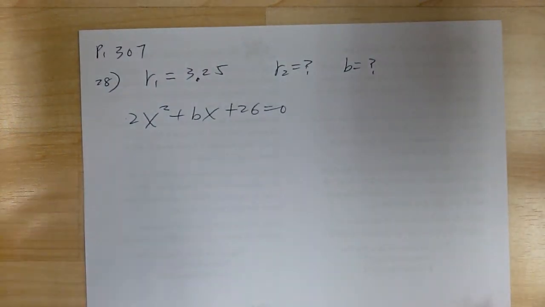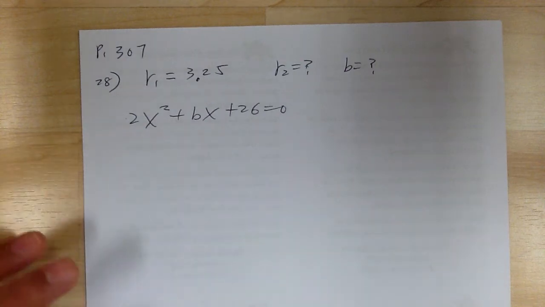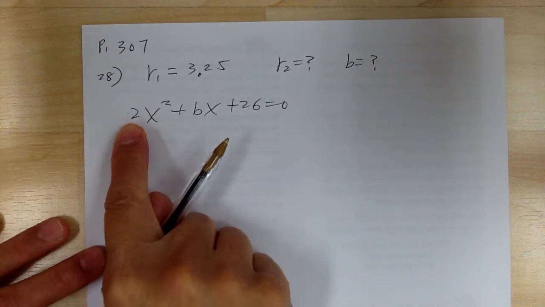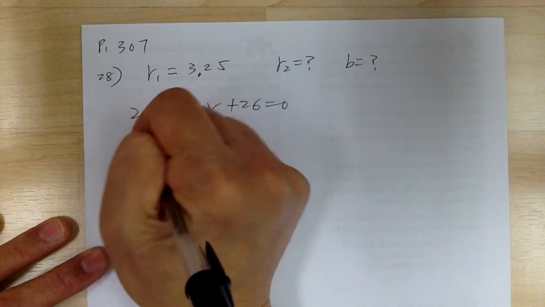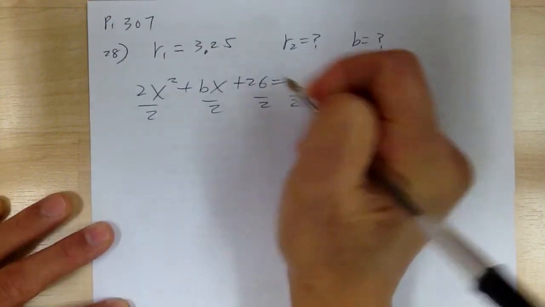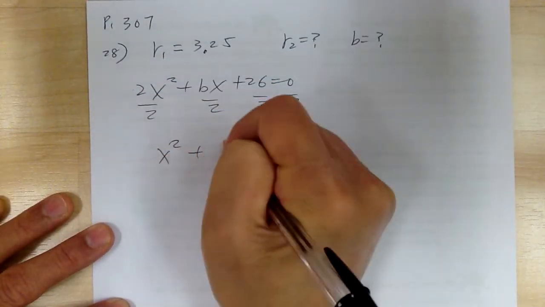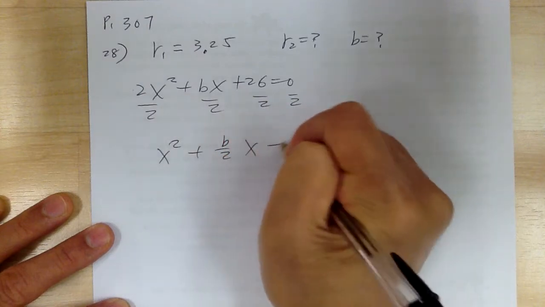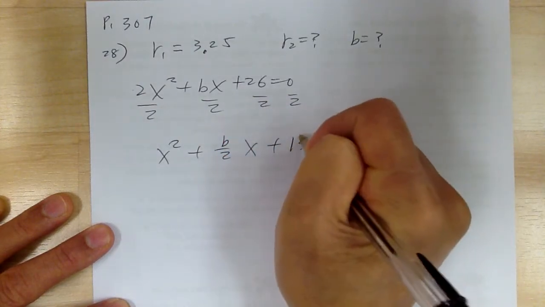What you need to do is get your root equation and play the matching game. First you need to divide by 2 to get rid of this number. Dividing by 2, you get x squared plus b over 2 x plus 13 equals 0.